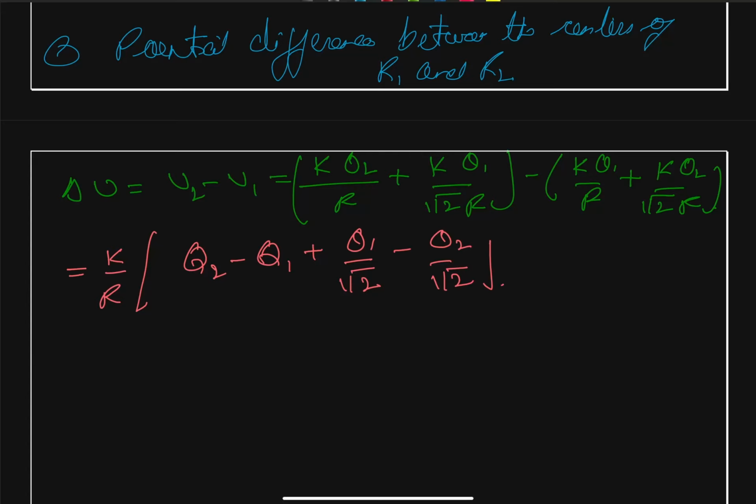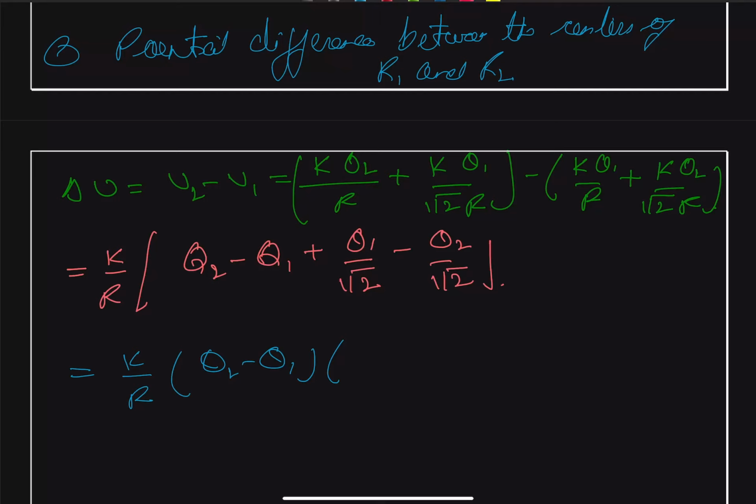And here Q1, Q2 we have taken common by changing the sign, and this will be equal to K upon R, Q2 minus Q1, and this will be our LCM, square root of 2.